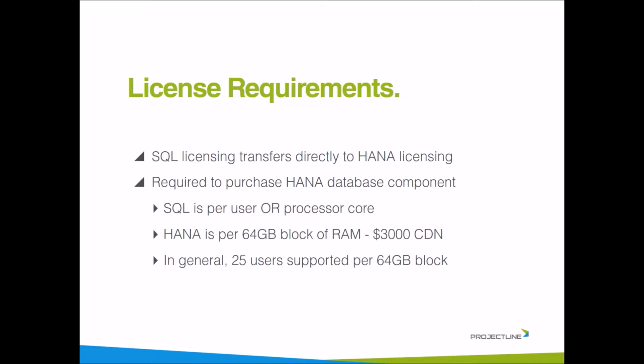So you see how that works. It's sold per block of RAM instead of per processor core. This would be the same if you were doing it with SQL. If you've got a very large SAP Business One system with 100 users, you'll probably have more than just the first block of SQL. You'll likely have at least 2 or 3 blocks to support more users.